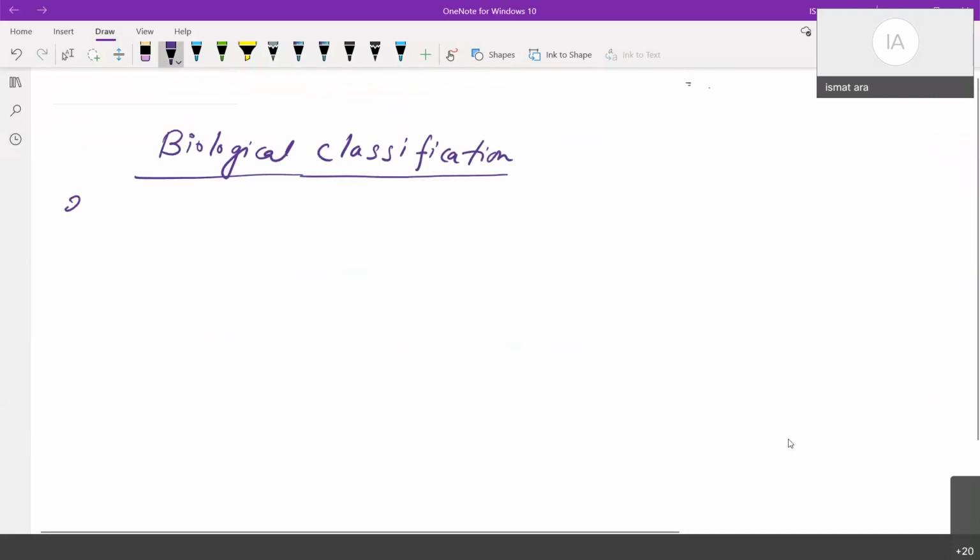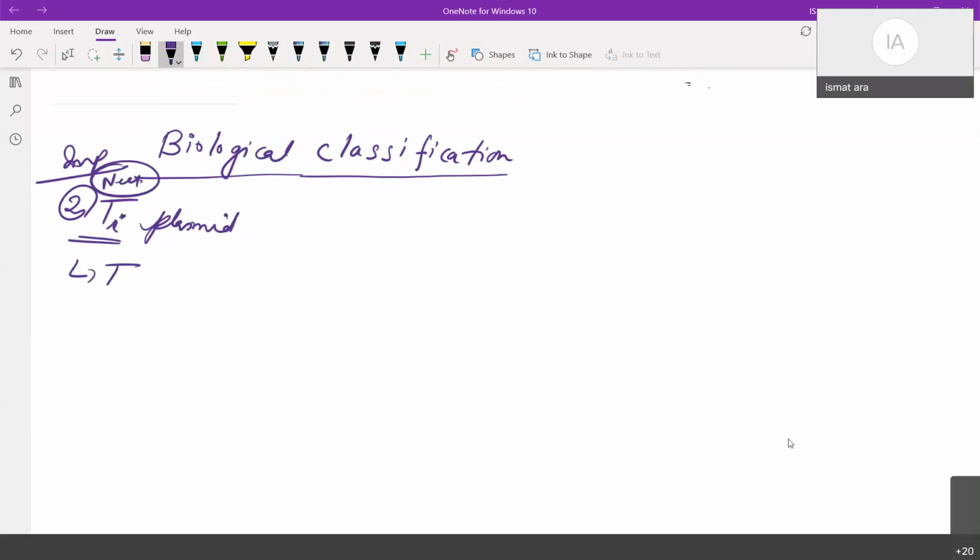Now the second one is TI plasmid. Very important, students, from the question point of view. I have asked a lot of questions on this TI plasmid. First of all, you should know the name. TI means tumor inducing plasmid. Second question, from which bacteria is this plasmid isolated? The name of the bacteria is very important.